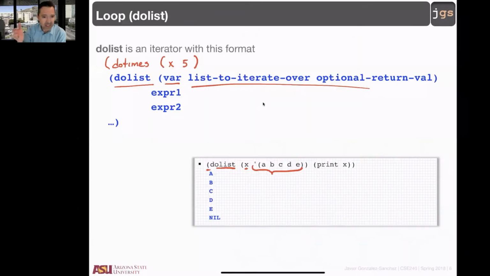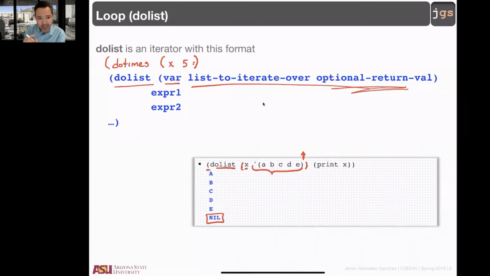Any option works, but it should be a list. And optional, for dotimes, remember that you have a third parameter that could be the return value. If you put something here, that is the return value. Similar here, optional, the return value. If I do not put anything here, close. That is good enough, but this dolist is going to return nil. So you're going to have in your interpreter at the end this nil printed because it's the return value. If you didn't put a return value, it returns nil, just like the dotimes.